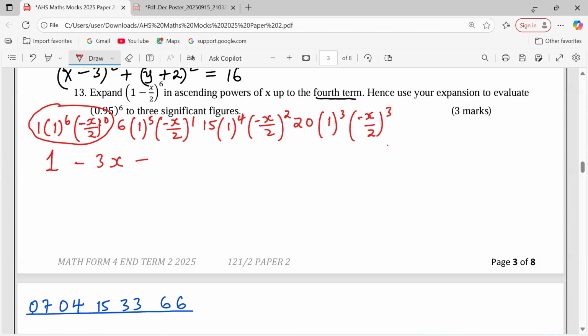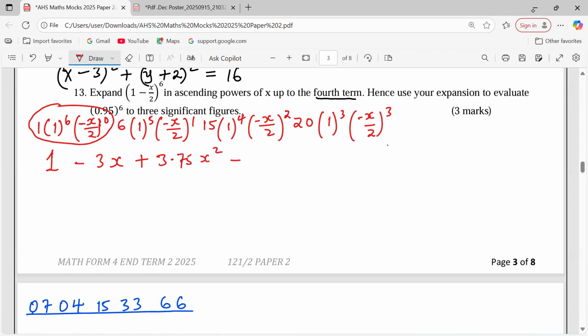Then the next should start with a positive, reason being 15 times 1, because 1 power 4 is just 1, then times negative x over 2 squared becomes x squared over 4. So 15 over 4, yeah, 15 over 4 can simplify to 3.75, times x squared.